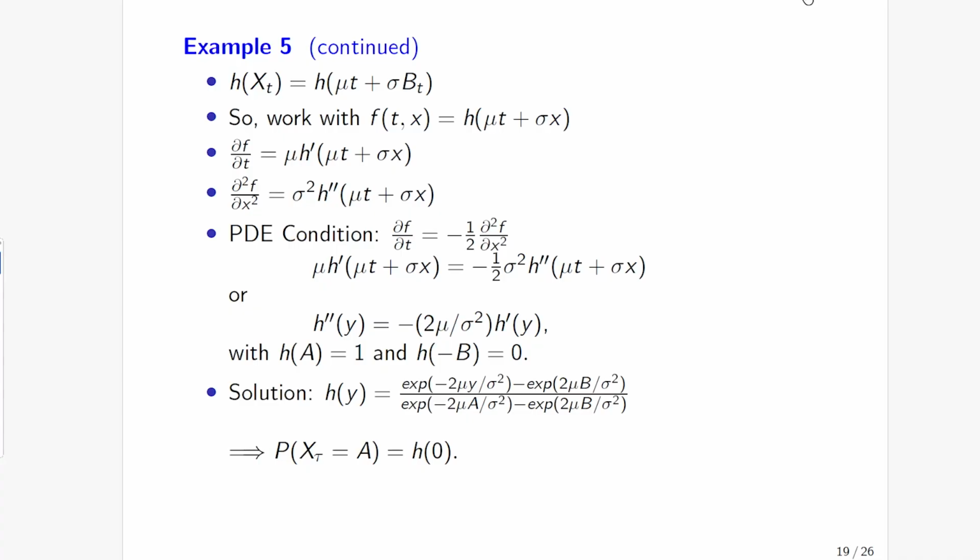And so if this h function, which is the probability of hitting A first, depends just on the value of Xt, then it equals h of mu t plus sigma Bt, substituting in for what Xt is. So we can work with the function little f equal to h of mu t plus sigma x.